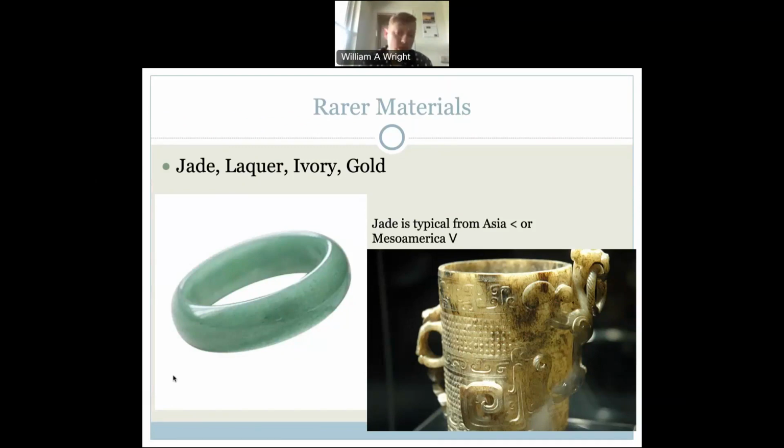We typically carve nicer tools for fancier purposes, carve nicer stones, because stone is not a tool anymore.